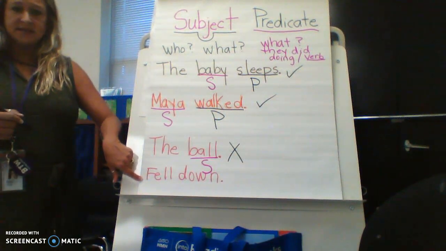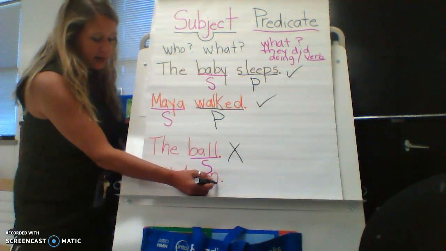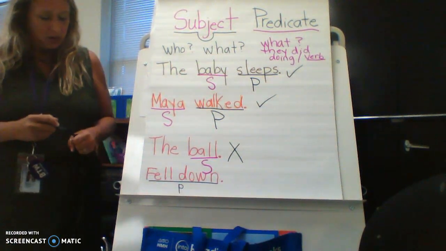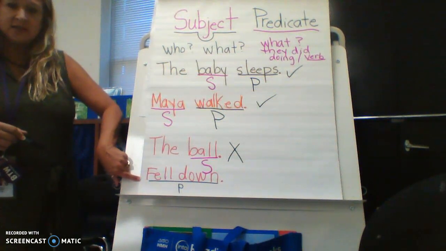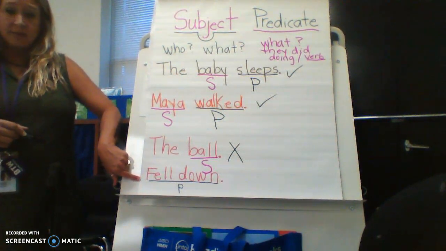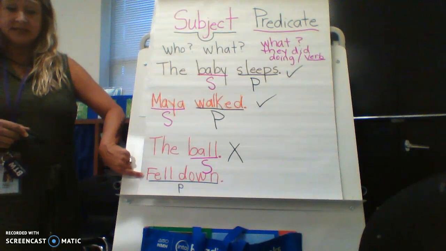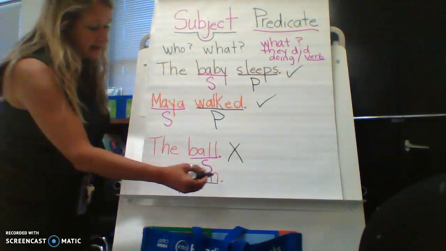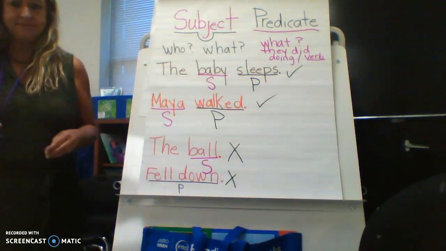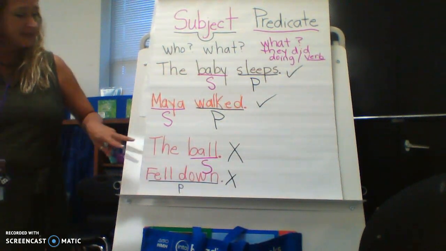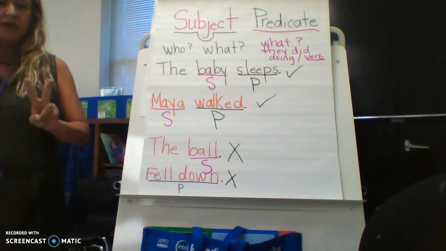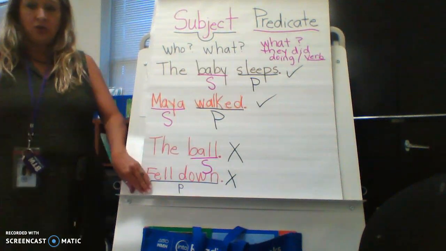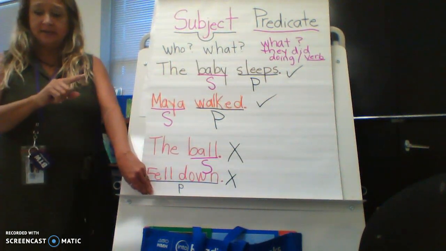No, we're missing the subject this time. We have the predicate. What did something or someone do? But it does not tell us who. It's missing that part. This is not a complete sentence. It does not have a subject. So it gets a big X. Not a complete sentence if it does not have both subject and the predicate. The who, or the what, and what they did.